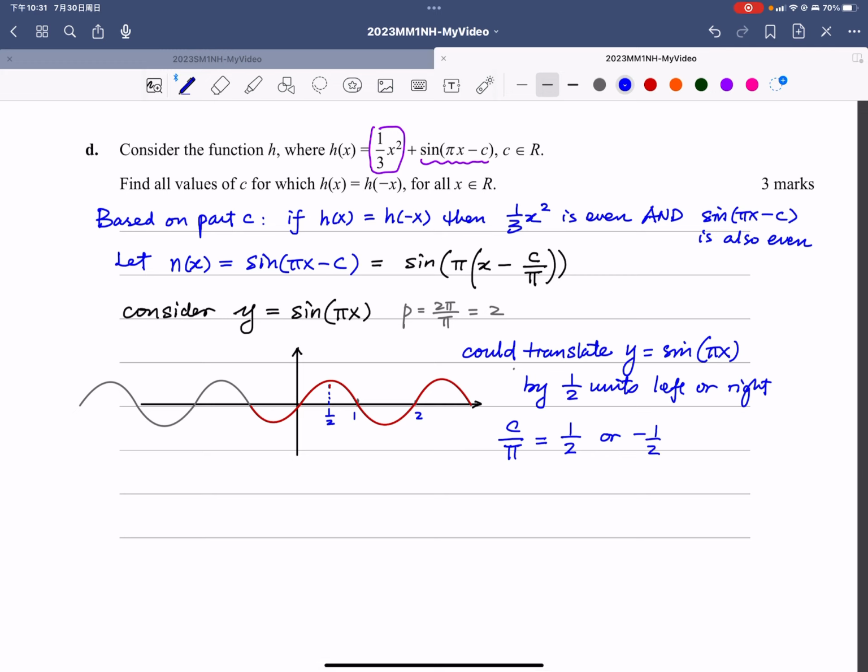But it's asked for all values of c. The horizontal distance is a multiple of 1.